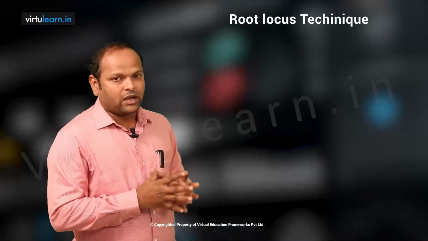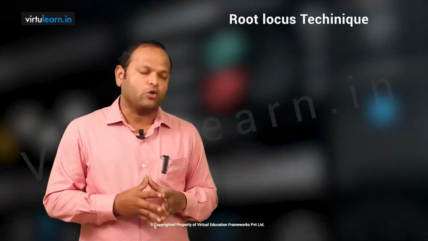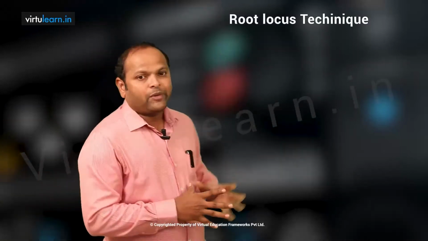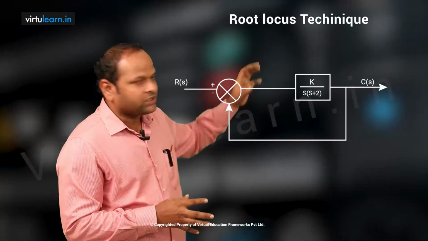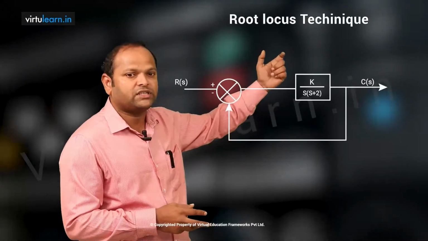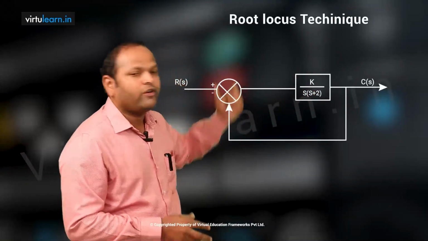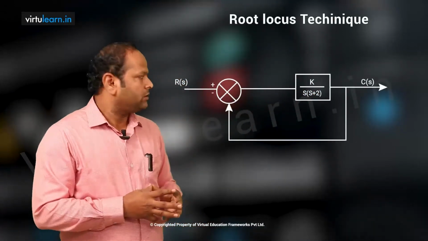Now, let us take one example and see what is the origin of the root locus. I am taking one example here, a closed loop system. In this closed loop system, I have G of s equal to k by s into s plus 2, and you have unity feedback, H equal to 1.